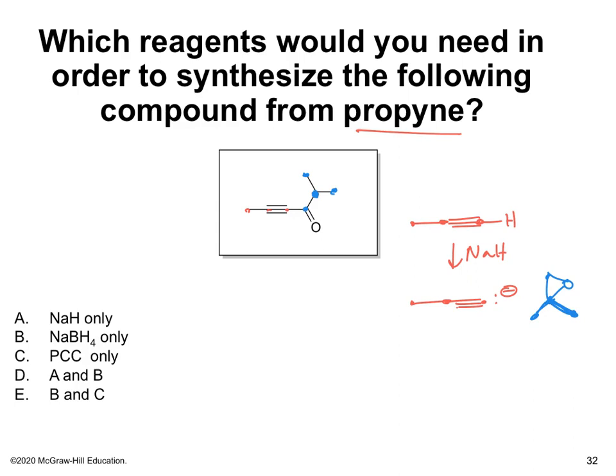And so then here, this is going to open from the least substituted side, and you're going to get this carbon here. It's going to go to that carbon there, and then this carbon opens up.